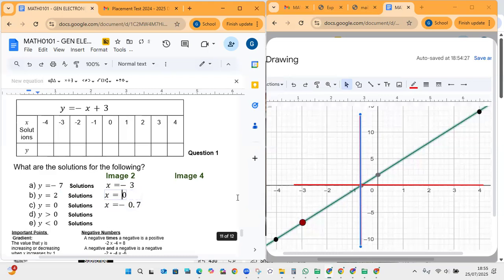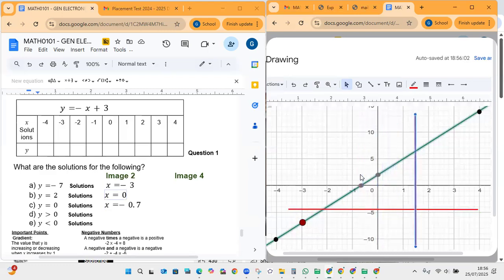Okay, right. What about when y is greater than 0? Y greater than 0 means y is positive. So where is y positive? As you can clearly see, the y values are positive above the x-axis. And this begins here at negative 0.7 all the way to 4.